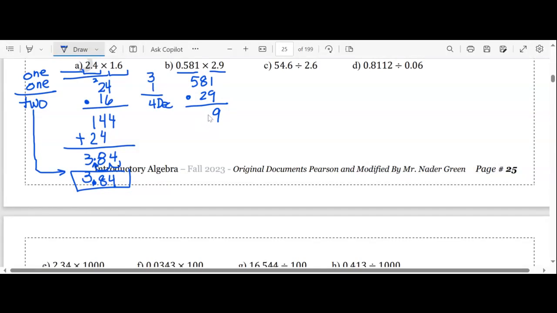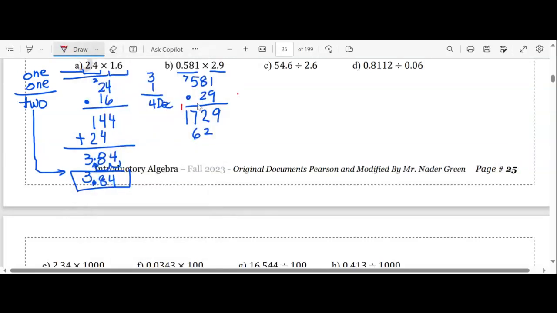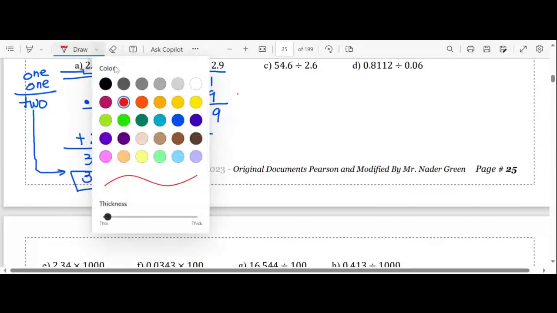Do I write 72? No. 2 and carry 7 up. 2 times 5? Plus 7? 2 times 1? 2 times 8? How do I write the 16? No. 6. And what do you do? You carry 1. Okay. Next.